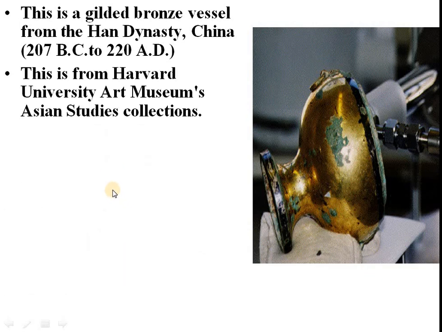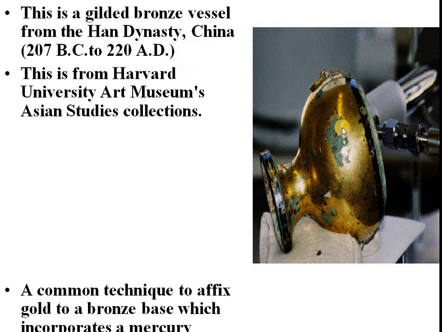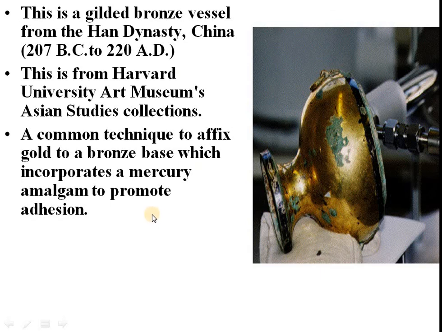So these are also important, and archaeological samples are also important. An example is shown here. One sample excavated from China and kept in Harvard University, and they found that ancient civilizations used silver amalgam. It's a mercury compound. They found that even in ancient civilizations, people used silver amalgam to coat gold on certain other copper plates.